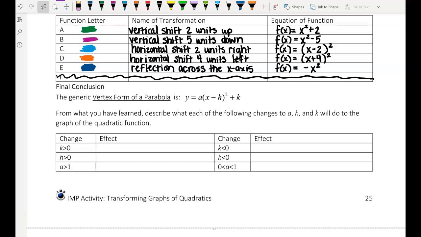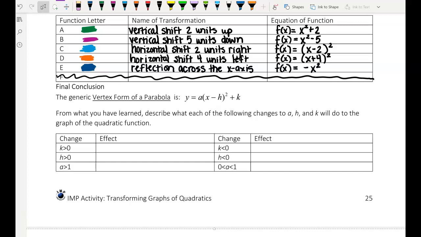If k is greater than 0, so if k is a positive value, what direction does it move my graph? Okay, remember it's plus k.